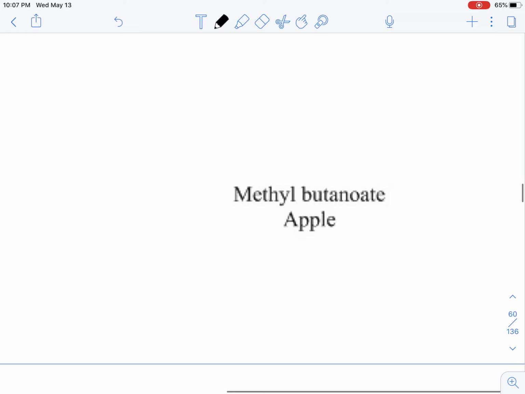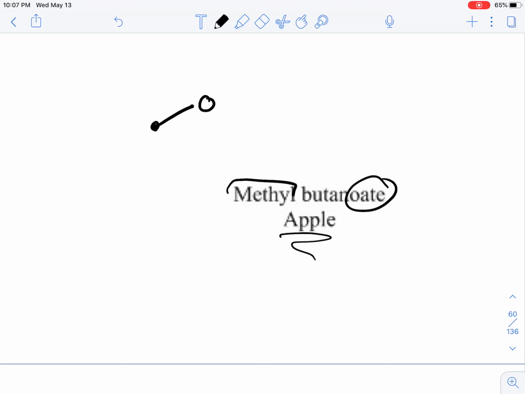All right, last one, methyl butanoate, apple. Methyl is a 1-carbon substituent. It's going to be bonded to an ester oxygen. Since I have an ester, I need a carbonyl carbon that's going to serve as carbon number 1 for butane.